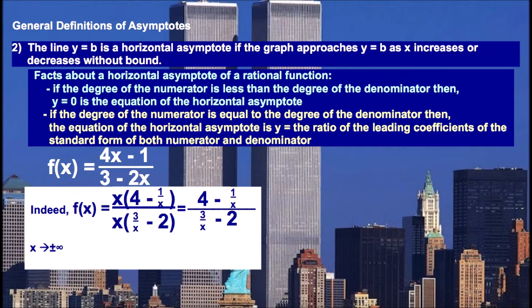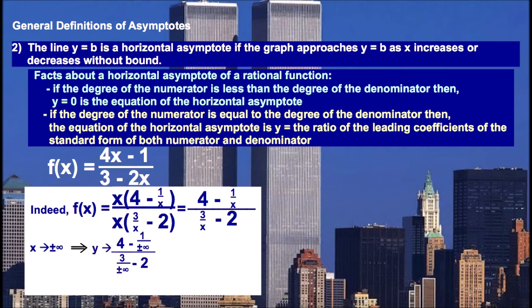When x approaches positive or negative infinity, y approaches 4 minus 1 over positive or negative infinity, everything over 3 over positive or negative infinity minus 2, which equals 4 plus or minus 0, everything over plus or minus 0 minus 2, which equals 4 over negative 2, which equals negative 2.